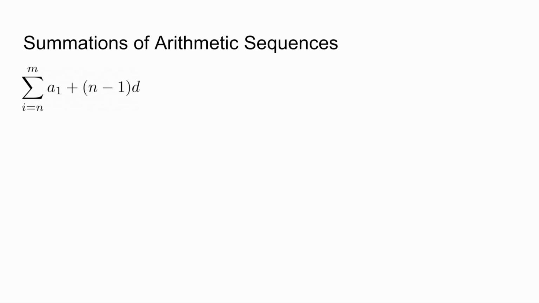And another way to write this down is like this, and this is actually supposed to be an i instead of an n, and a1 and d are going to change depending on the arithmetic sequence.